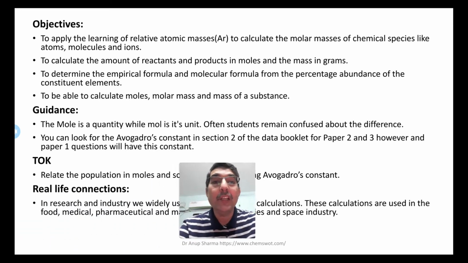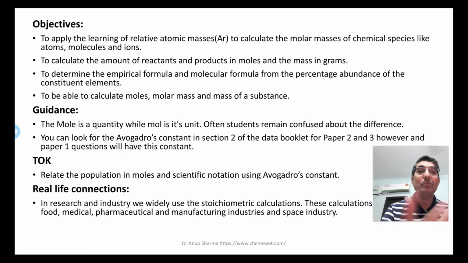The TOK related content for this subtopic is that we know that if we convert the population into moles and write it in scientific notation using the Avogadro constant, it will be huge. So you can link it with TOK.